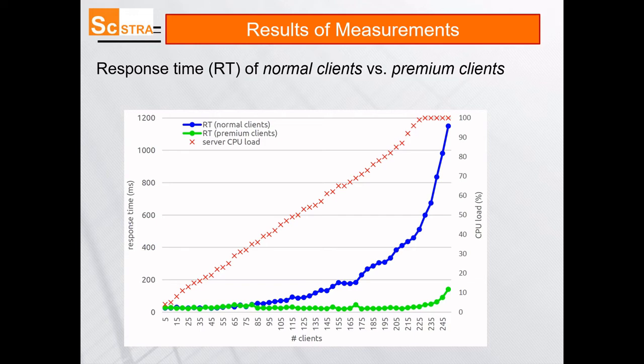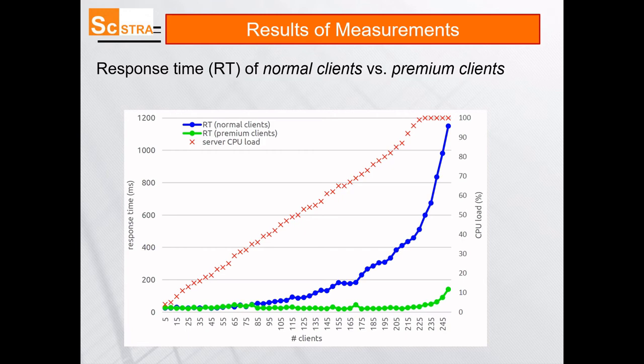It means that the system is very highly loaded, and we have two curves here. We look first at the blue curve, which is the curve of the RT, response time, for so-called normal clients. These are clients who use just the original network without managing it with a software-defined controller.